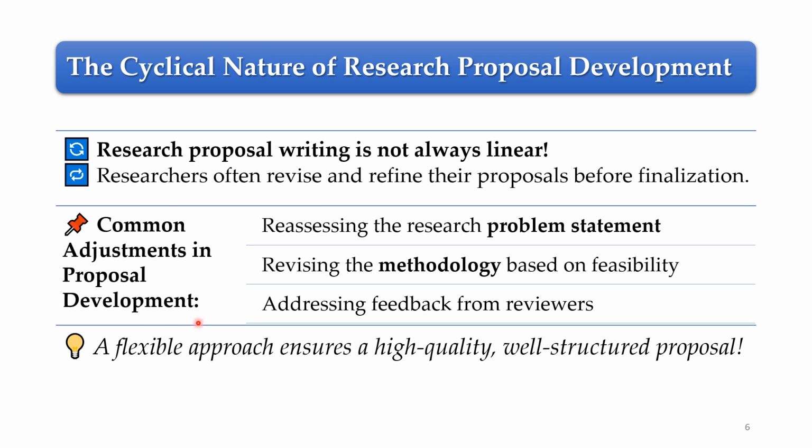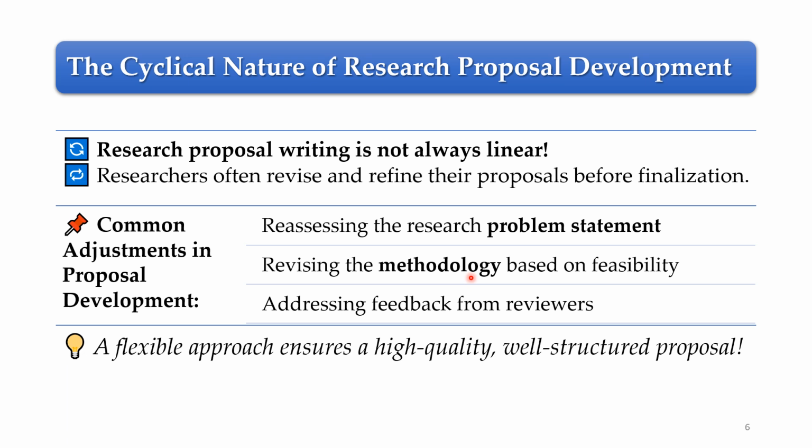The most common adjustments when writing your proposal are basically in the area of the problem statement. The more you read different papers, the more you consult different articles, you keep refining your problem statement. Another area of adjustment is the methodology.